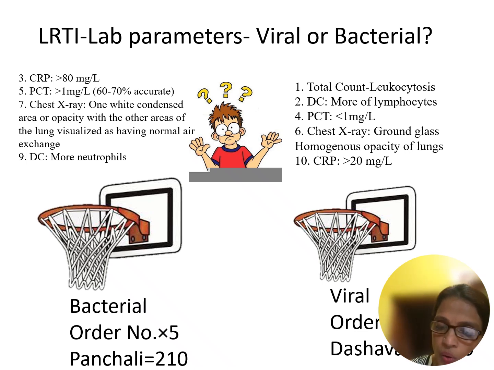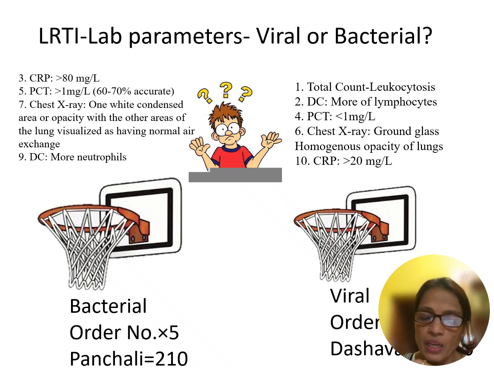So this is how we try to differentiate between the bacterial infections and viral infections. Not a single feature at a time should be considered. All the features together should be considered and then decide whether this particular infection that you're dealing with is of bacterial etiology or viral etiology.